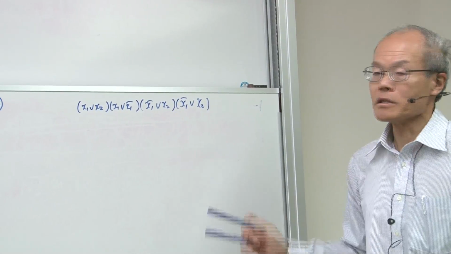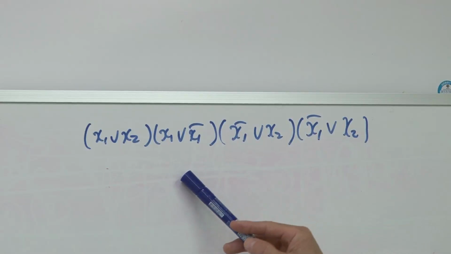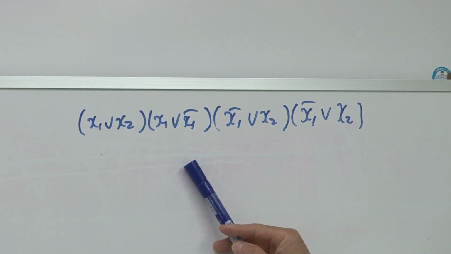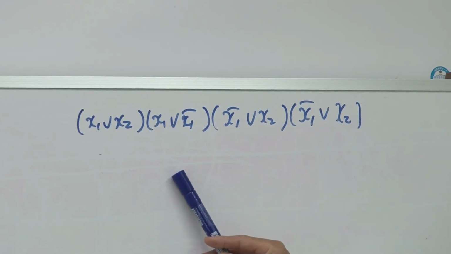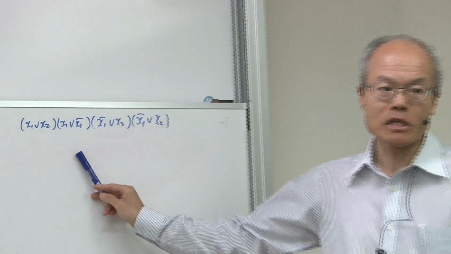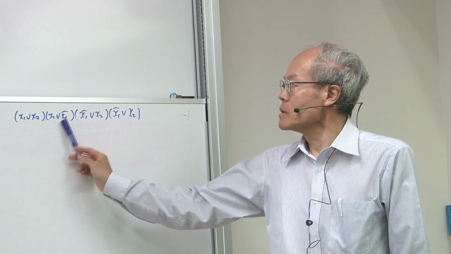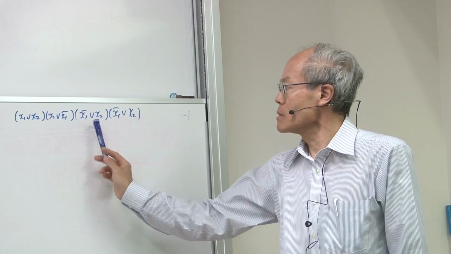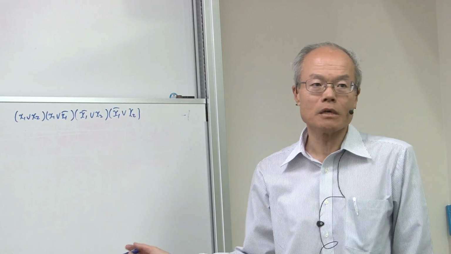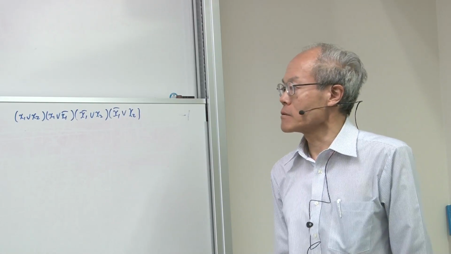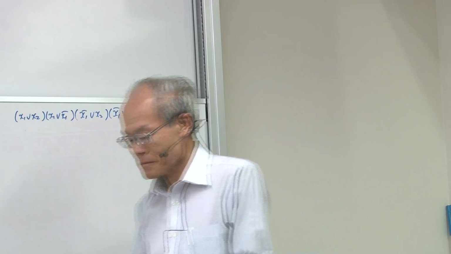The formula is unsatisfiable because for any assignment, at least one clause becomes 0. Right? For example, if you use 0, 0, then of course this one becomes 0. 0, 1, this one becomes 0. 1, 0, 1, 1. So for any assignment, one of the 4 clauses becomes 0. That's why this is unsatisfiable. Okay.